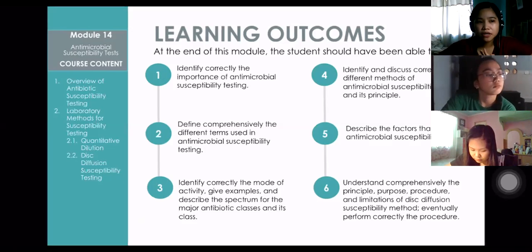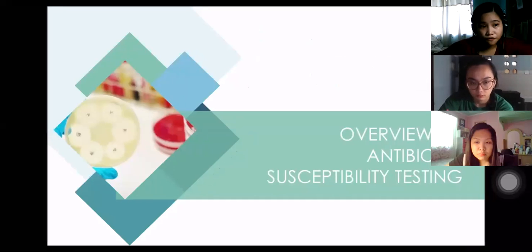And susceptible is the same with the word sensitive. Number four, identify and discuss correctly the different methods of antimicrobial susceptibility testing and its principle, factors that affect antimicrobial susceptibility testing, and understand comprehensively the principle, purpose, procedure, limitations of the diffusion susceptibility method, eventually perform correctly the procedure if we can do that practically.